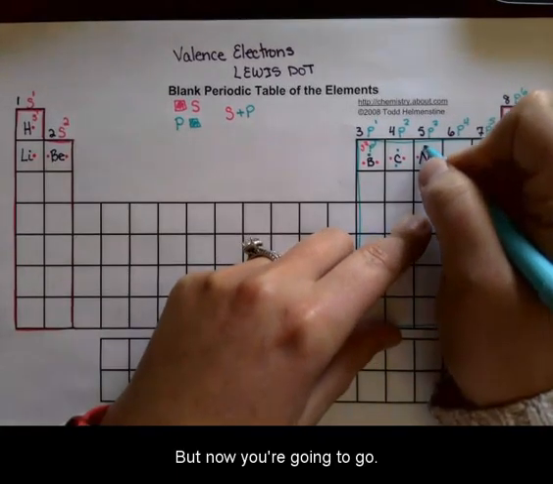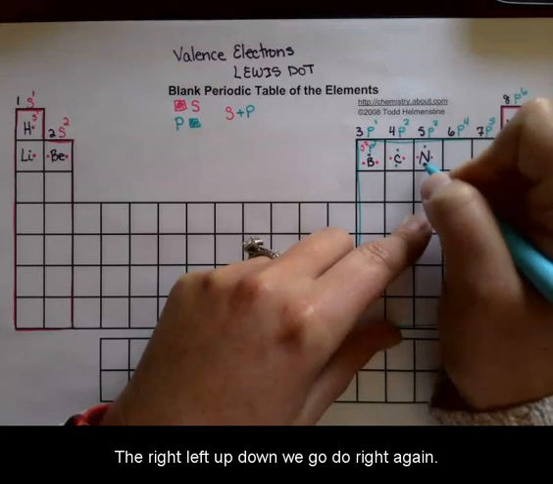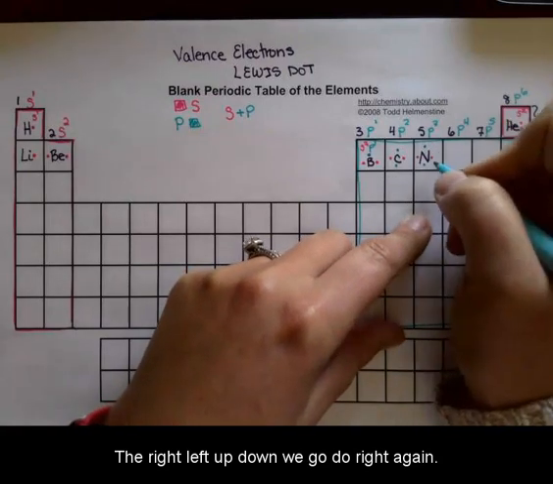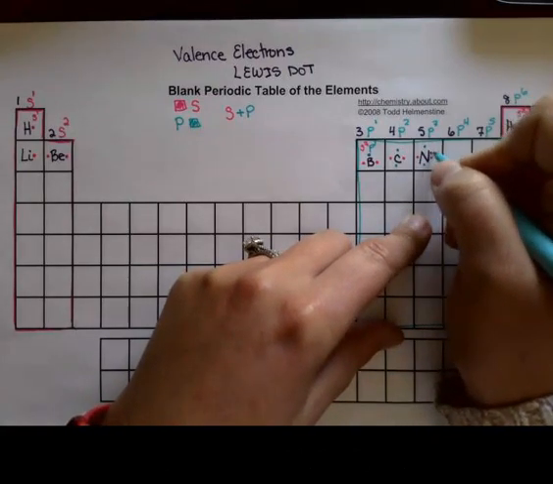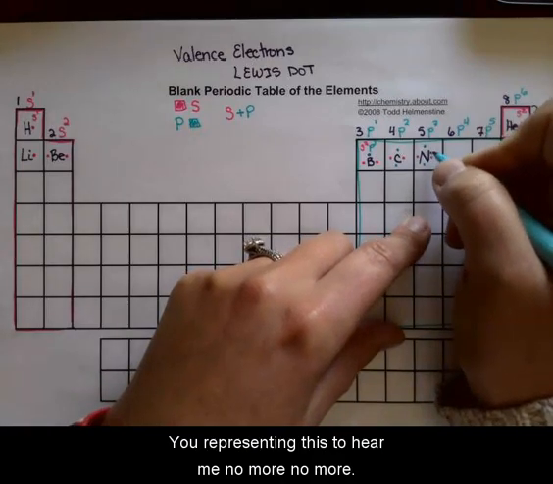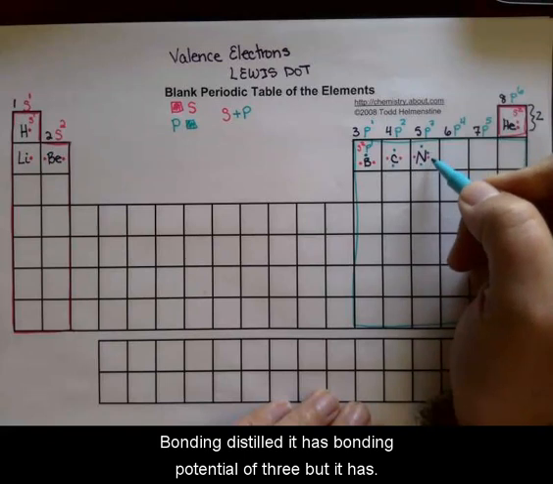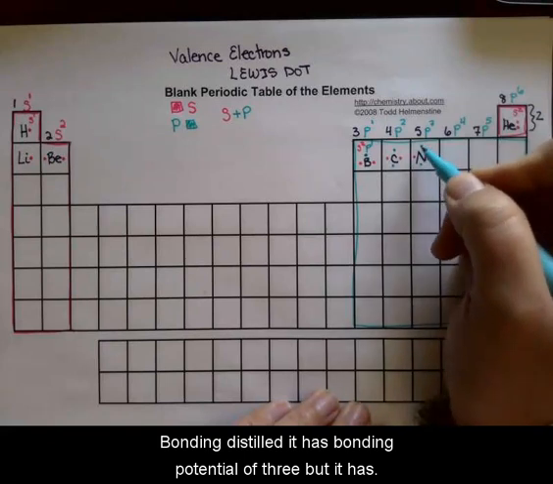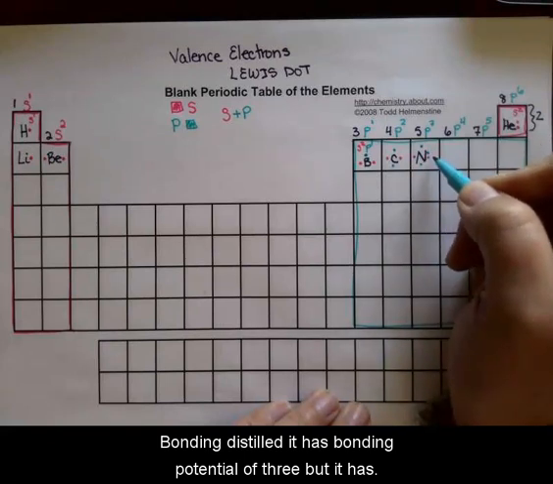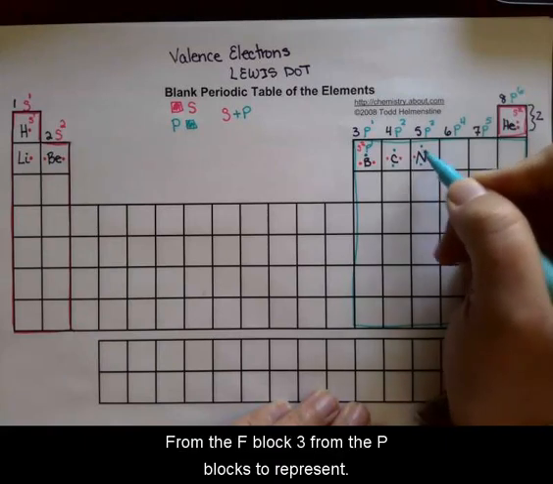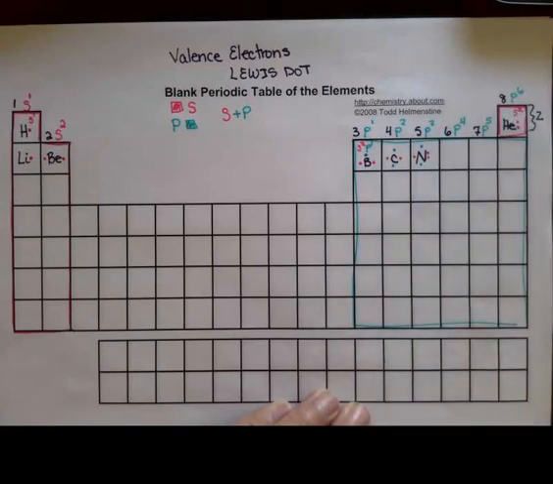So now you're going to go up, down, so right, left, up, down, and we have to put the fifth one in, so we go to right again. So you're representing this 2 here means no more bonding. It's filled. It has bonding potential of 3, but it has 2 from the S block, 3 from the P block to represent 5 valence electrons.